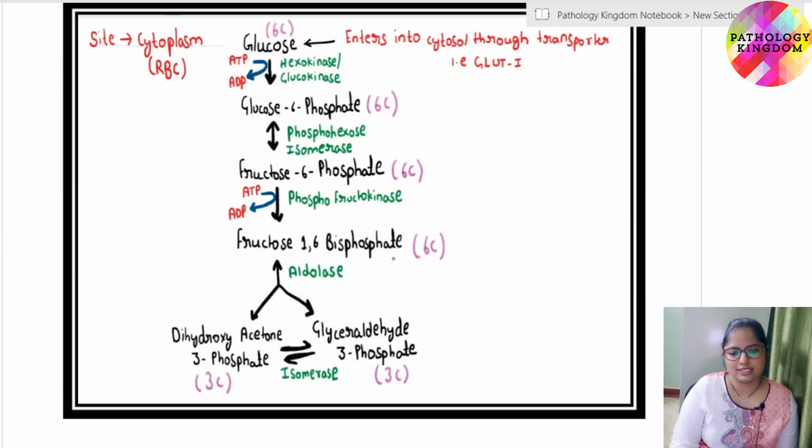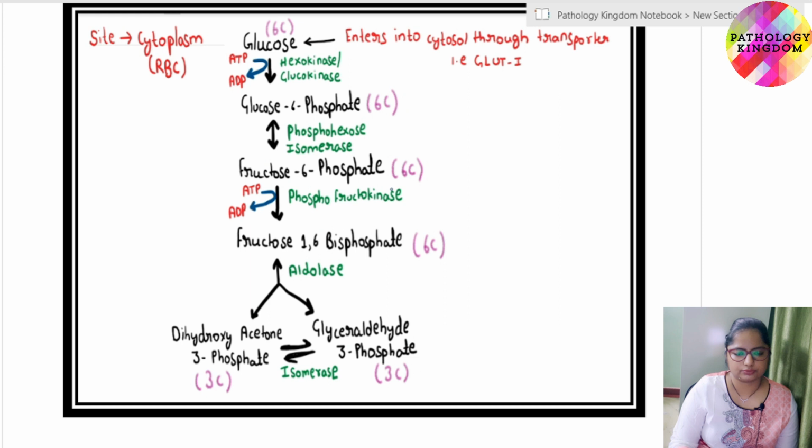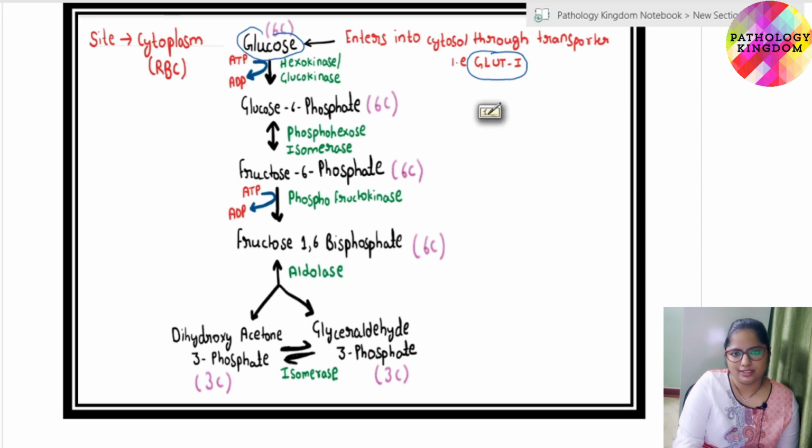Now what are the steps involved in the glycolytic pathway? The site is the cytoplasm. Glucose enters the red blood cell through a transporter, GLUT1. Glucose contains 6 carbons.